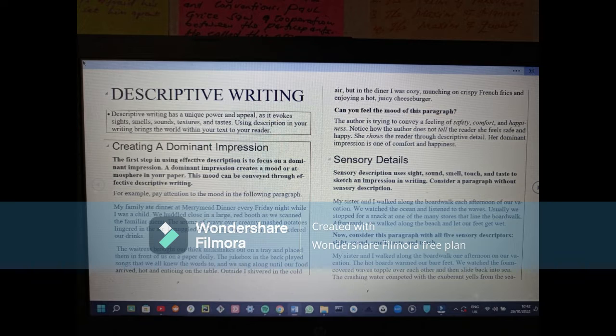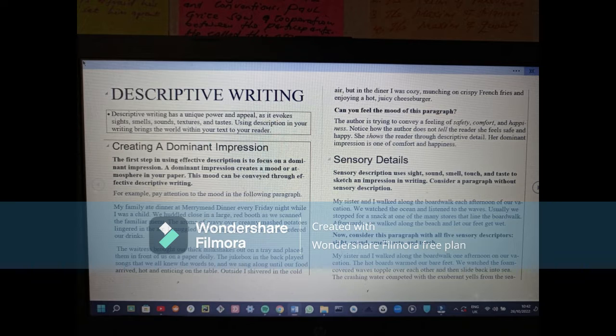A dominant impression creates a mood or atmosphere in your paper. Now, this mood that you will have created is conveyed through effective descriptive writing. An example of how a writer would create a mood, a dominant impression.